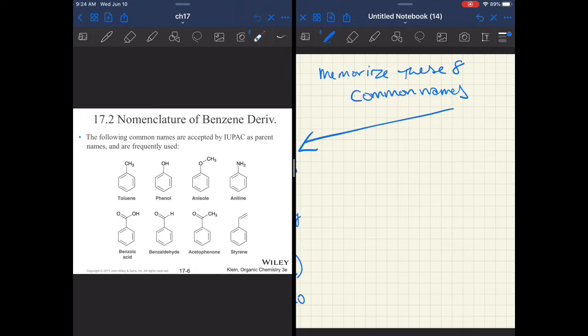If you have a methylbenzene, the common name is toluene. Hydroxybenzene, common name is phenol. Methoxybenzene, common name is anisole.